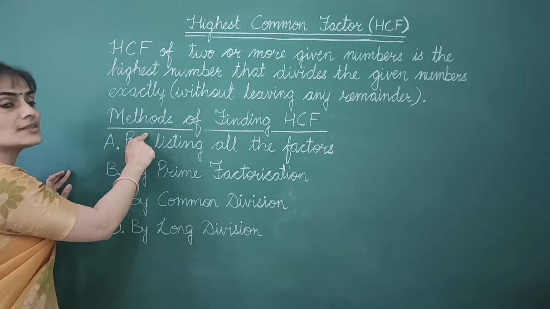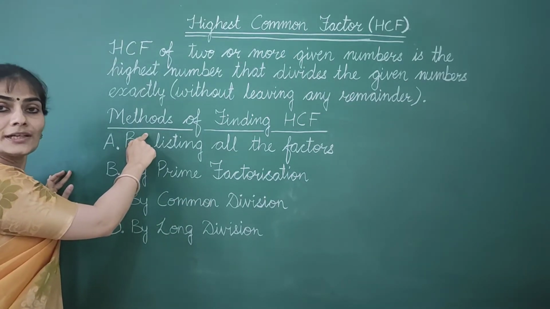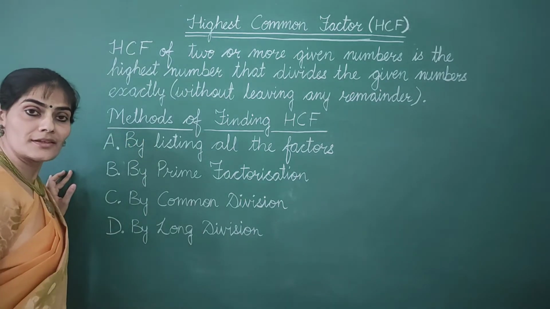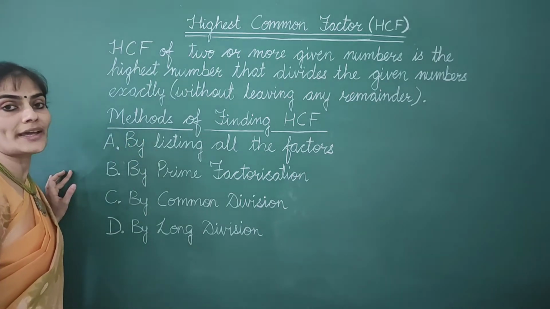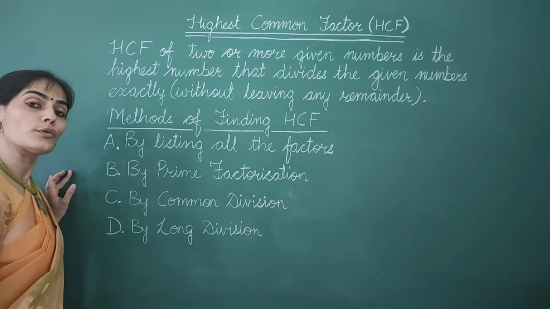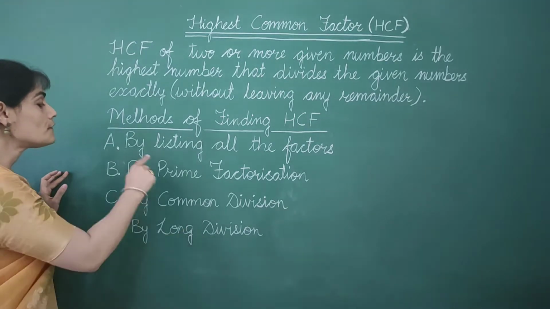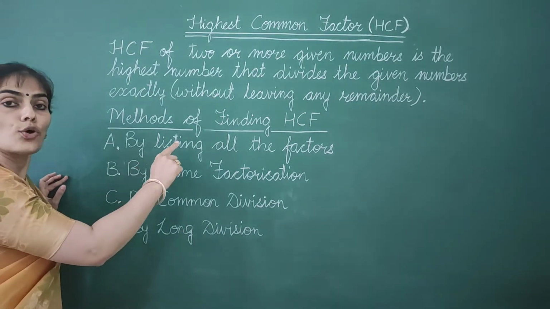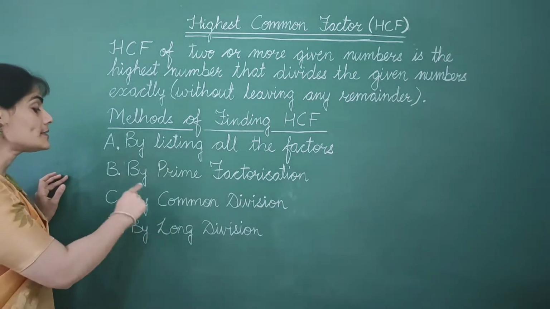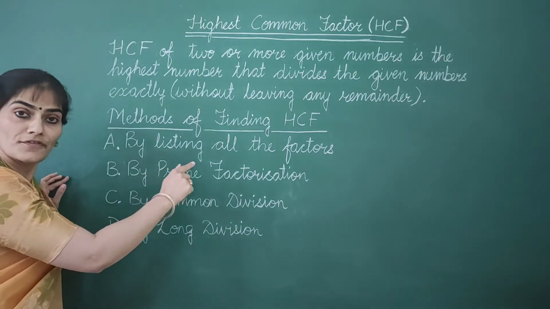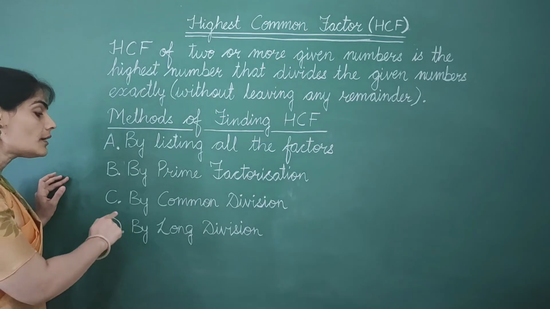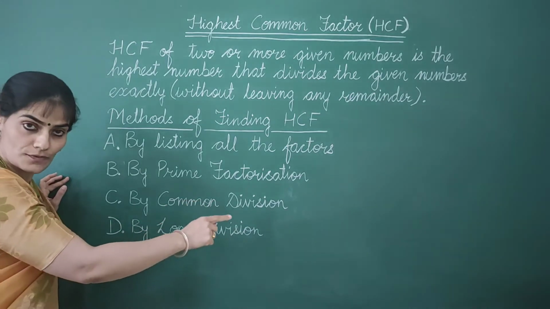So students, now we are going to learn about the various methods that can be used to find the HCF of two or more than two numbers. The first method is by listing all the factors. The second one is by prime factorization. The third is by common division.